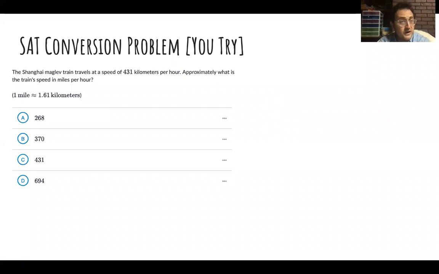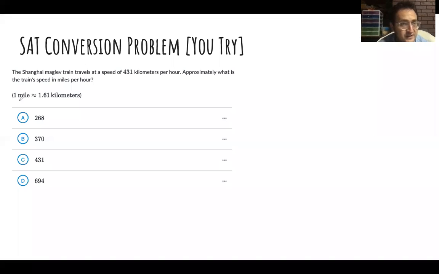All right, and then this one is a similar idea, except they trick you with having rates that you are comparing. So this is the Shanghai Maglev train is at a speed of 431 kilometers per hour.